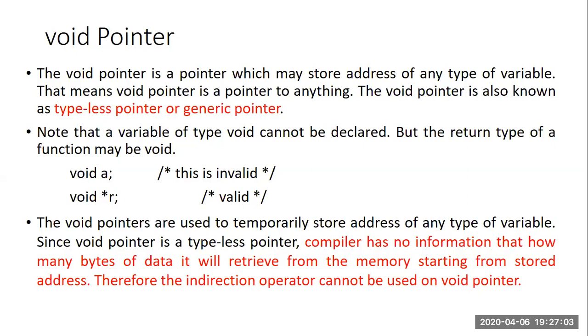Similarly, when I'm talking about the char data type, I know a character takes 1 byte. So the compiler is completely aware that it has to read 1 byte, rather 8 bits, to know the value of this pointer variable.